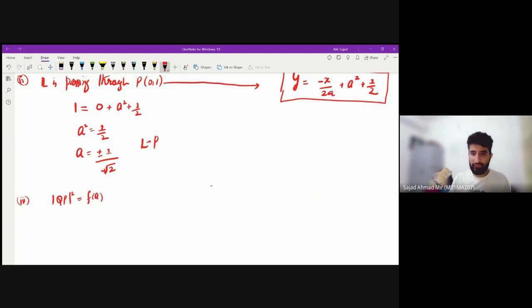We know that if we have two points, let's say the coordinates of P are (x1, y1) and the coordinates of Q are (x2, y2), then the distance from Q to P is the square root of (x1 minus x2) whole squared plus (y1 minus y2) whole squared.